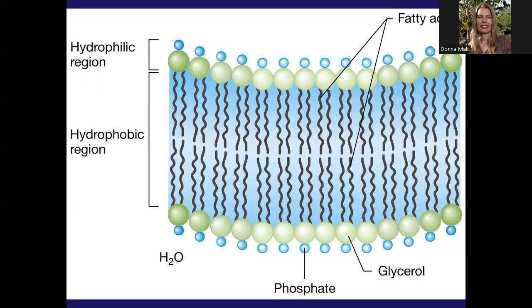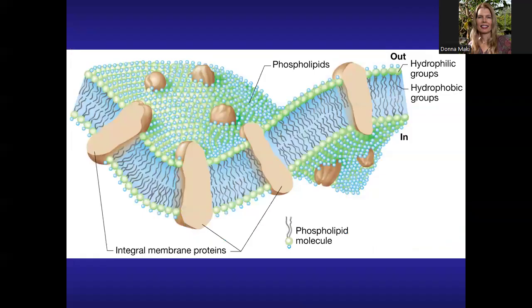And so this loss of membrane function is often the case where if you look at the phospholipid bilayer membrane, you have the phosphate glycerol hydrophilic region, and then the fatty acid tails are the larger hydrophobic region in the bilayer.